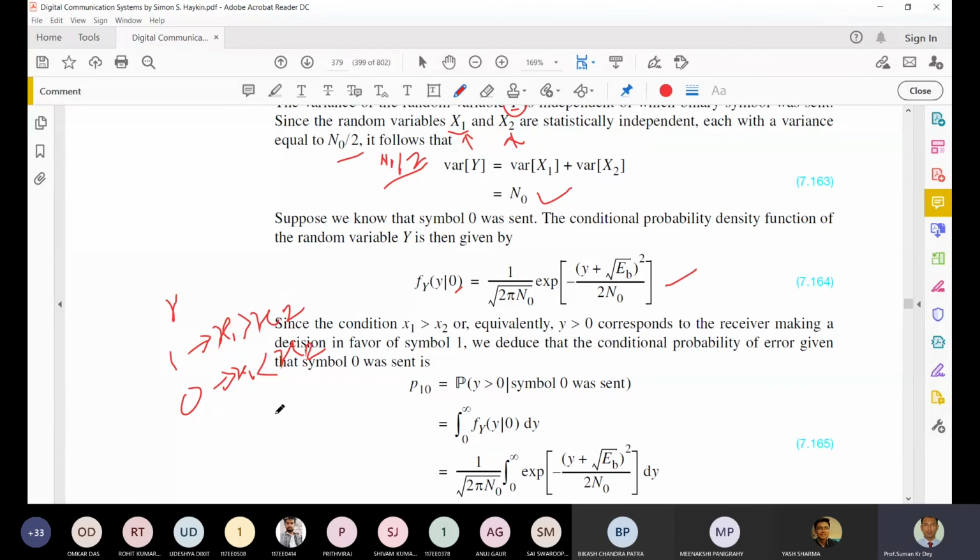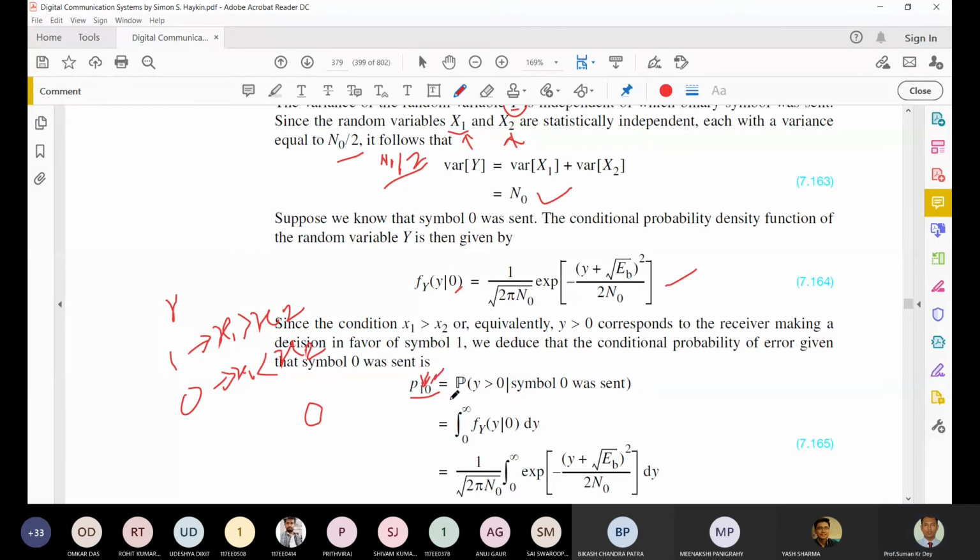Now the conditional probability of error for symbol 0 means we are receiving symbol 1, but at the transmitter side 0 was sent. How do we represent that conditional probability of error? We represent it by p10, where the first index indicates what we receive and the second what we send.